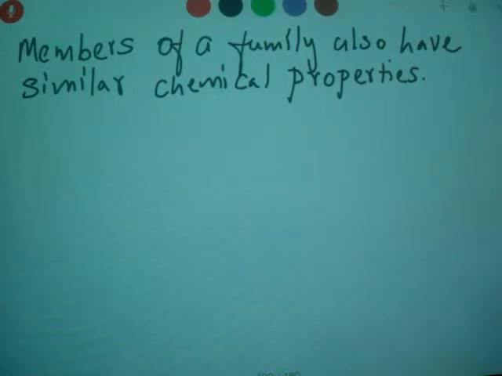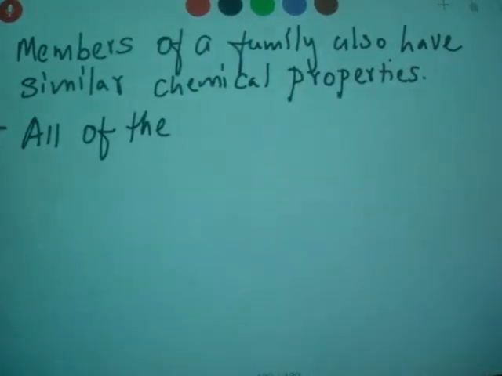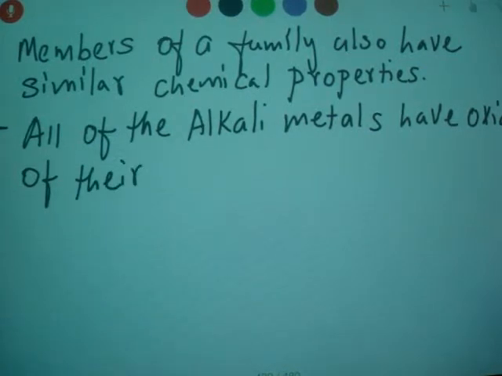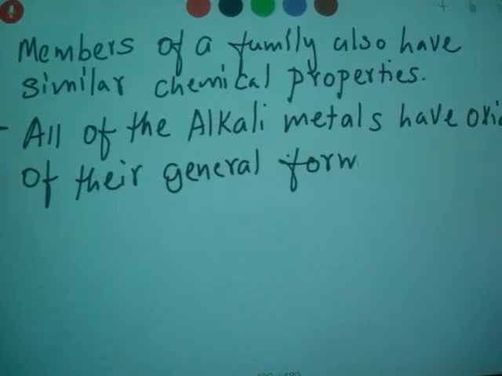So now all of the alkali metals have oxides, and their general formula is M2O, where M stands for metal, any metal in the alkali group.